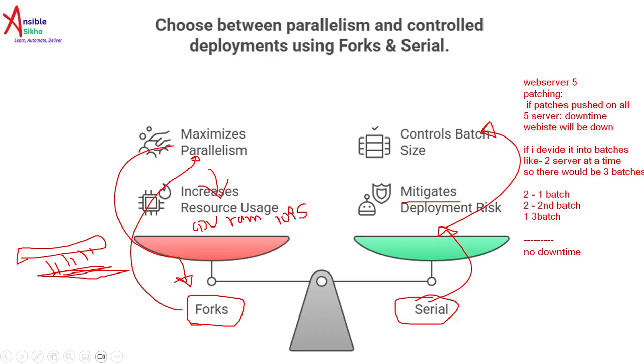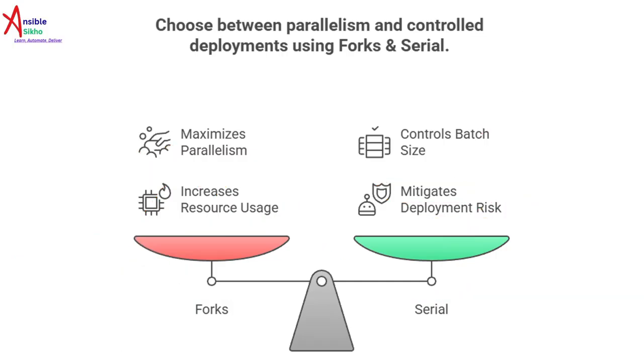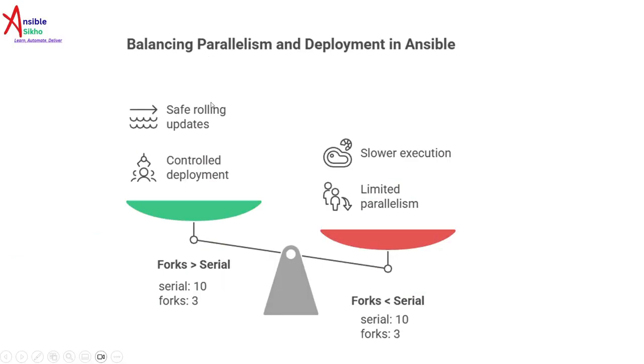It mitigates the deployment risk. Okay, got it. So, balancing parallelism and deployment in Ansible. Actually, this is wrong. Let's say if serial is 3 and forks is 10, make it opposite.